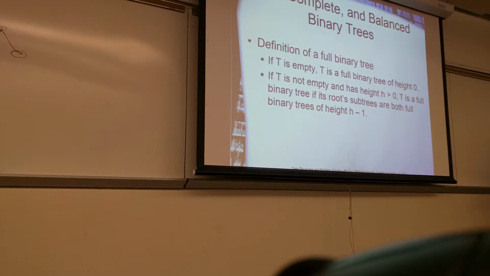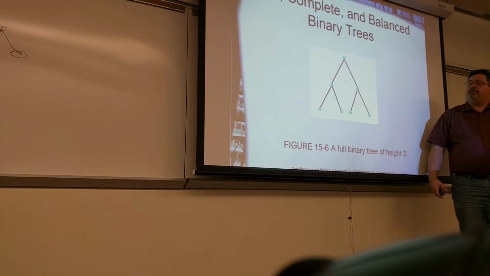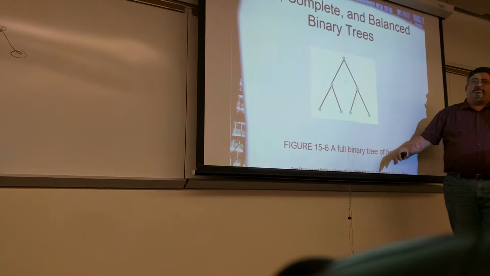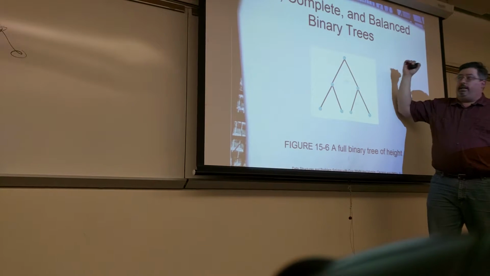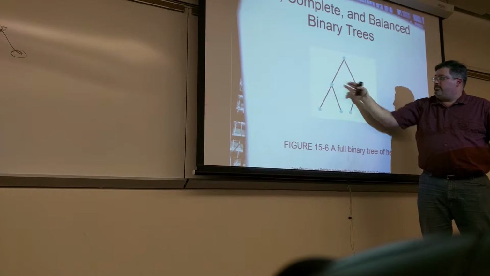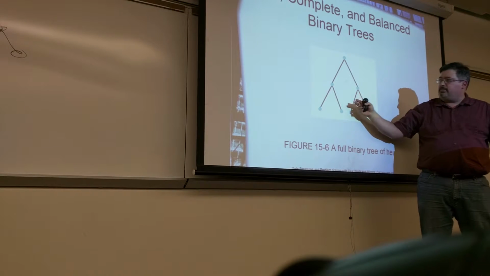So the technical definition: a tree is full if it's empty. So if a tree is empty, it's full with a height of 0. If it's not empty, it has a height greater than 0, and all of its subtrees are full. Well, the subtrees are full with the height of each minus 1. So again, here, I know this is full because it's not empty. And if I start at this root, both of these subtrees are full. And I can check and say, well, are you full?